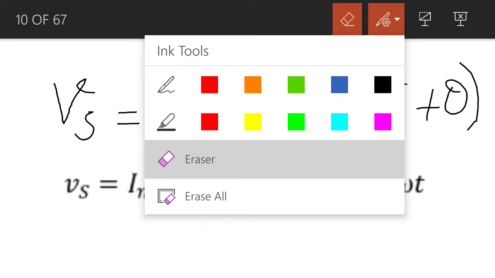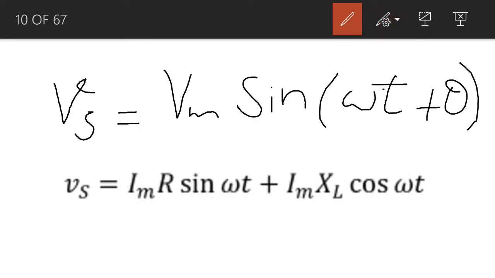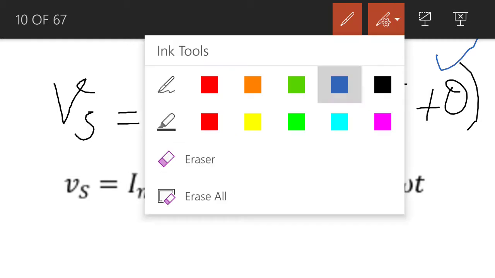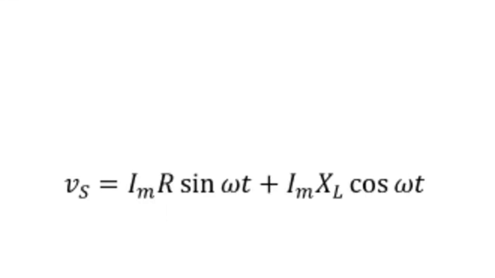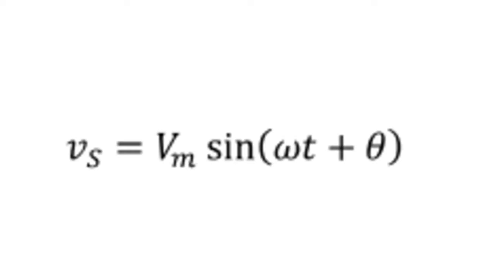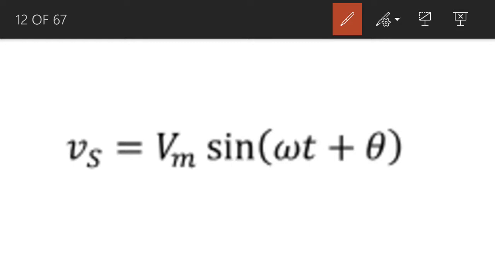We represent the maximum value of this voltage by Vm, and we represent the phase angle of this voltage by theta. So we can find out the voltage across the source with the help of this particular equation. So we consider the general equation for the AC voltage.